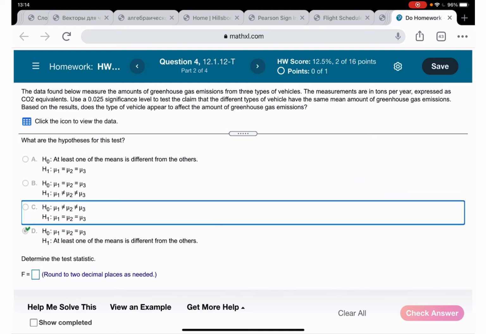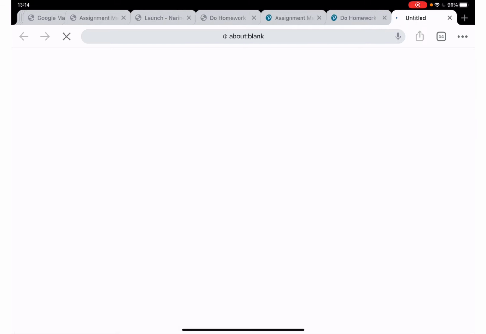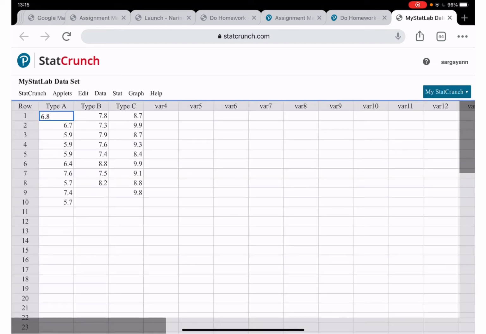Determining test statistics. So what we're going to do here? Here we have our data table, 3 types of vehicles, okay, A, B, and C. So we need to get test statistics, right? Opening StatCrunch. It's taking a long time.